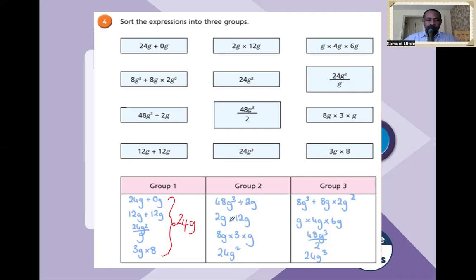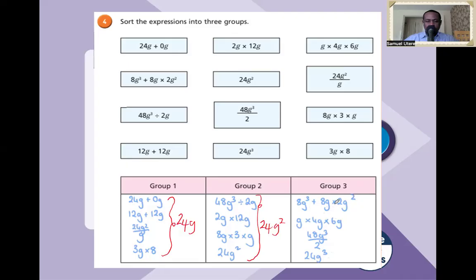And then these ones will give you 24g squared. If you look carefully, you would see that they would all give you 24g squared. And then all these will give you 24g cubed. I think this should be cubed.